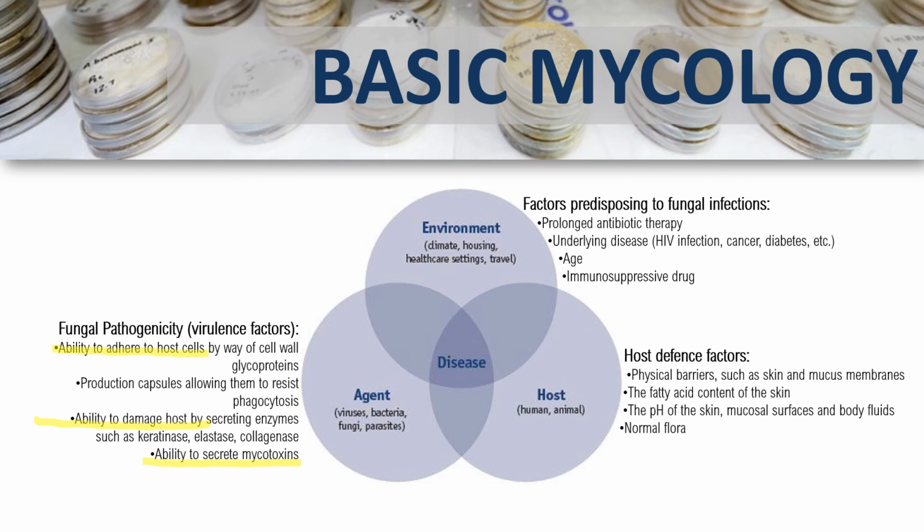These are the virulence factors produced by fungi that can attack your host cell. However, your host has different mechanisms to counteract this, for example physical barriers or the pH of the skin, and other components of your innate immunity.